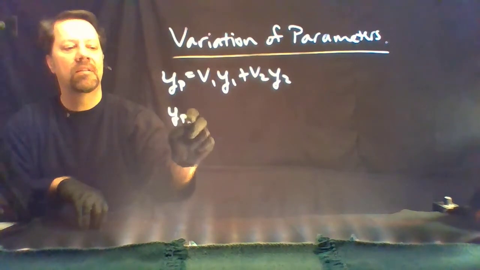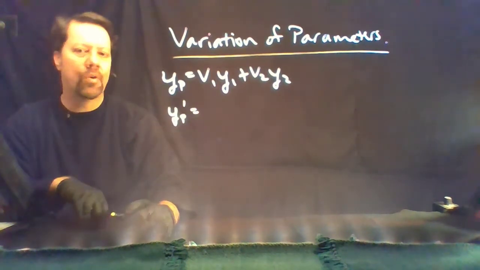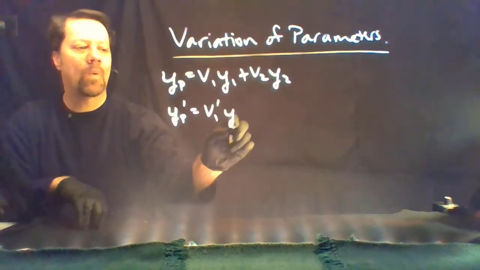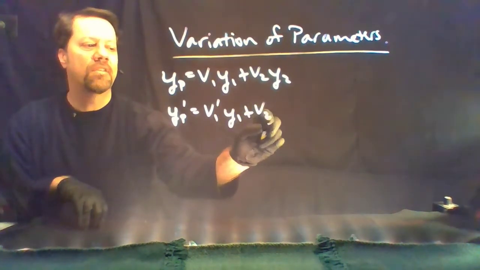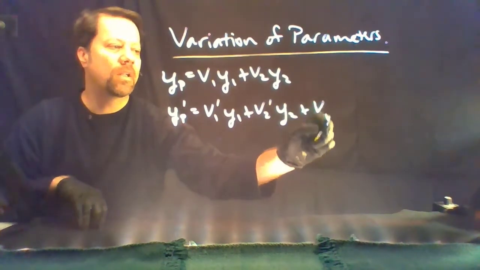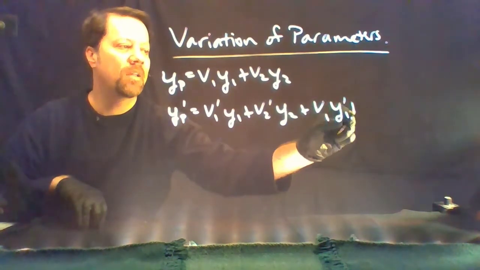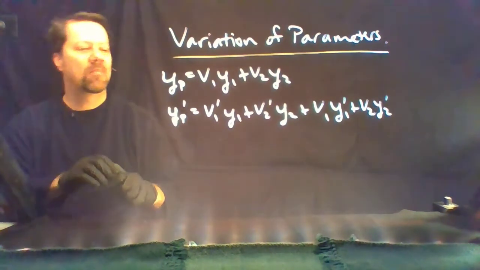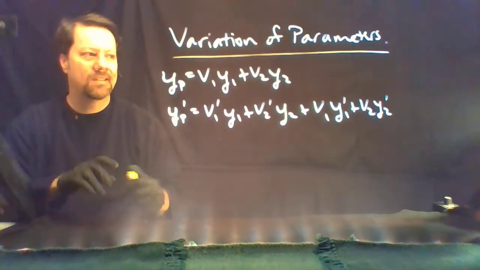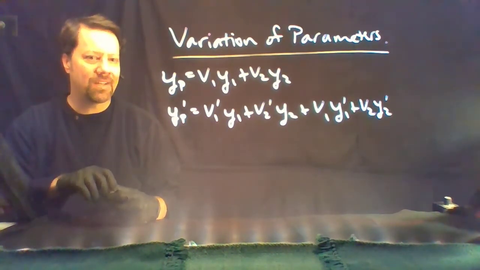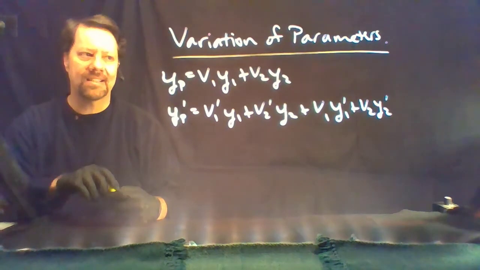Now, by the product rule, the derivative of this particular solution will be v1 prime y1 plus v2 prime y2 plus v1 y1 prime plus v2 y2 prime. Now, we're going to assume an additional constraint right now because this already looks like it's getting out of hand.